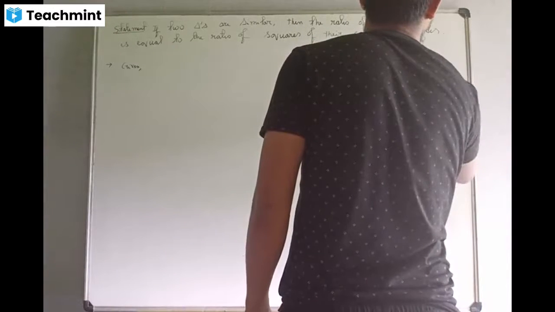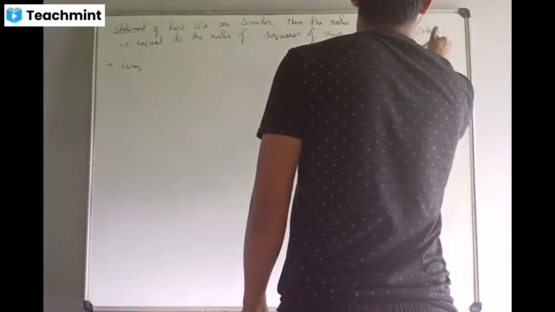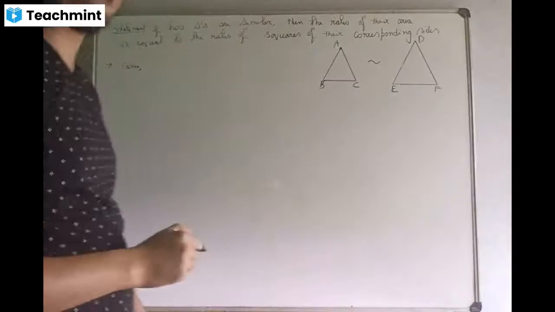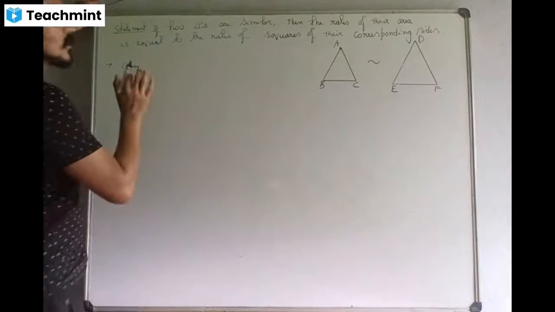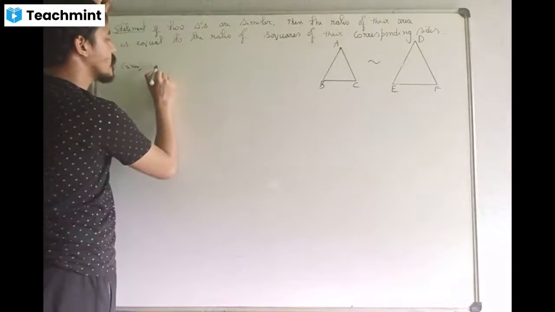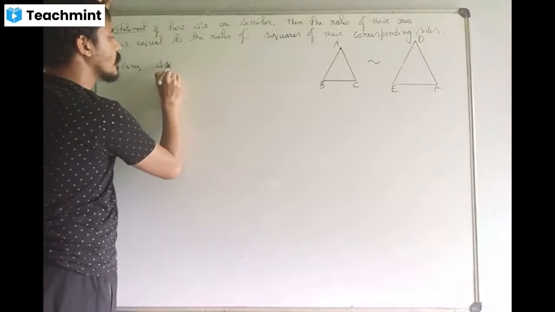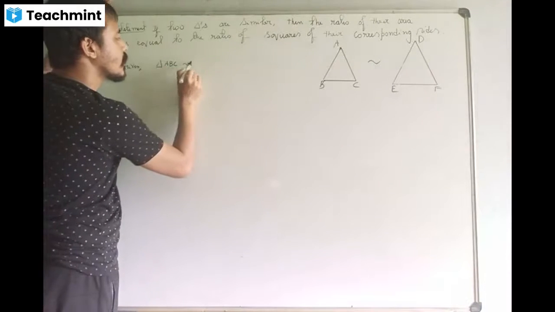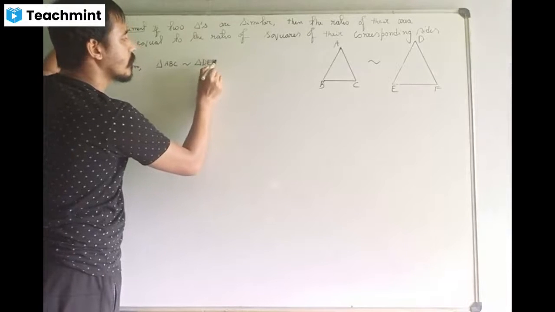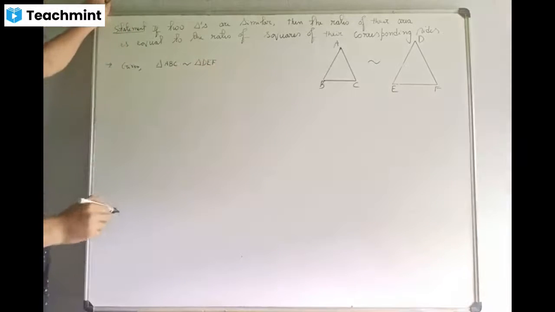What is given here? It is given that the two triangles are similar. So the only information that is given to you in this question is your triangle ABC is similar to triangle DEF. So two similar triangles are given.